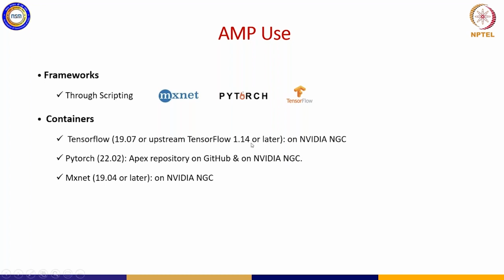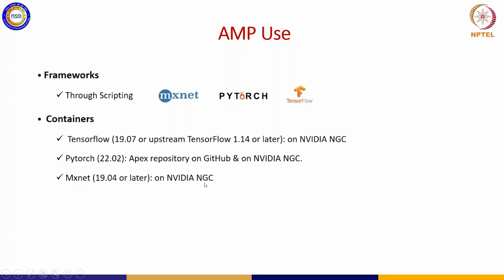That is the only place where you can use automatic mixed precision. If you want to use automatic mixed precision with TensorFlow version 2, it might not be possible. I've tried it. There are so many errors you might encounter from there. Also, you can use PyTorch and MXNet as well.